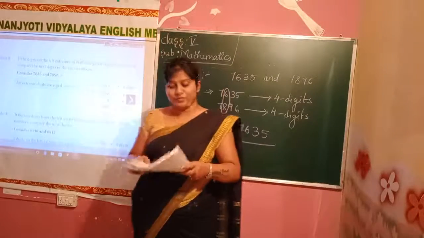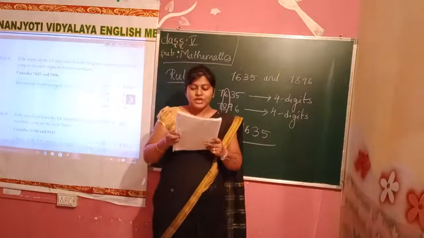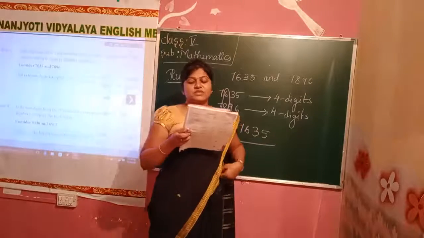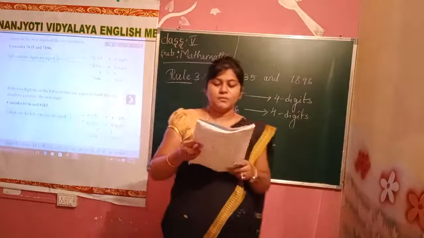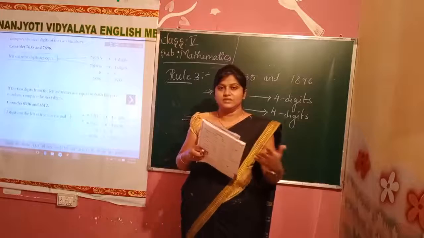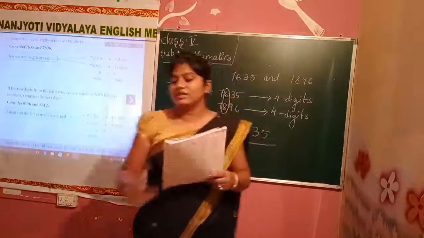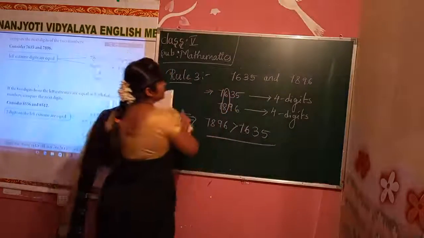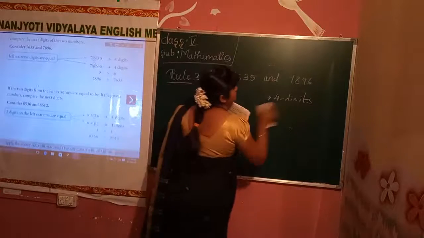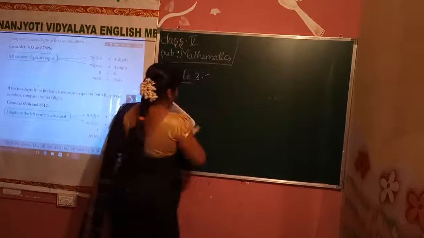Now rule 4. If the first two digits from the left extreme are equal in both the given numbers, compare the next digit. Rule 4.